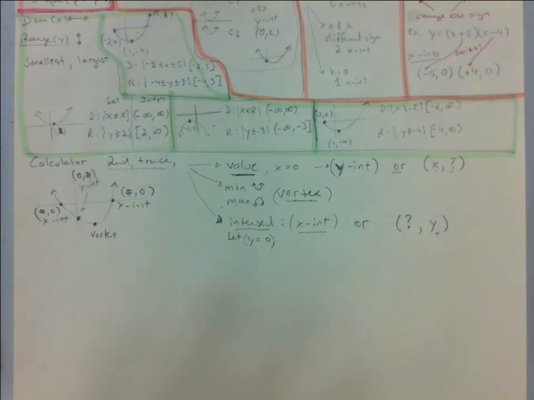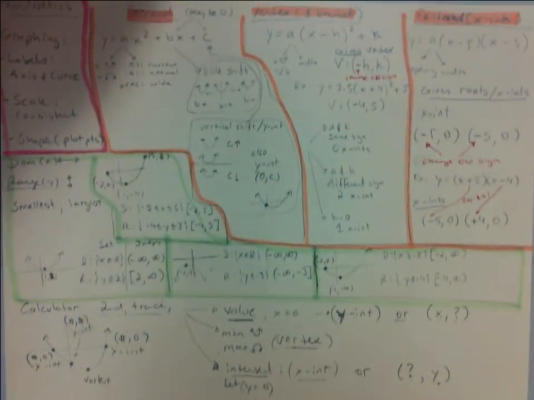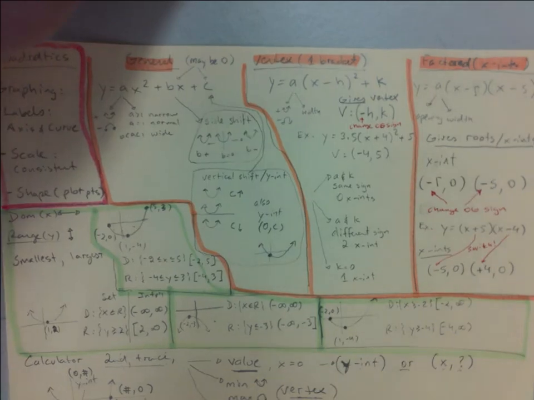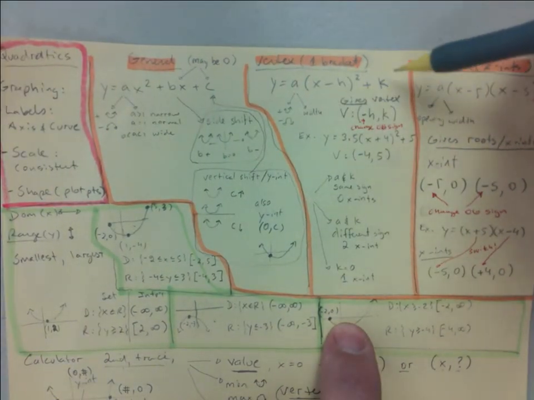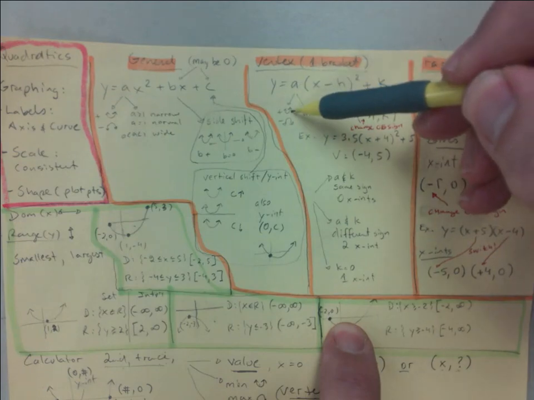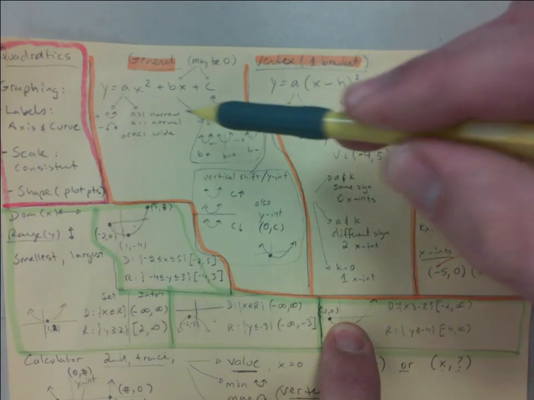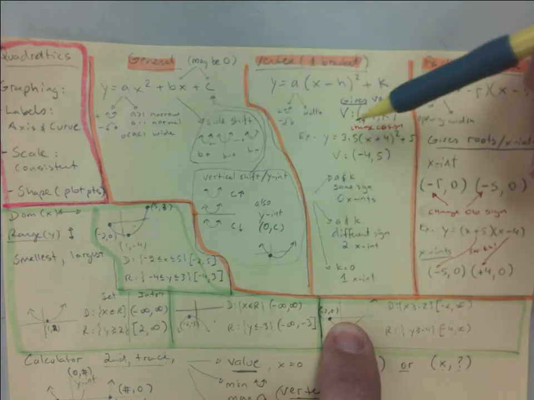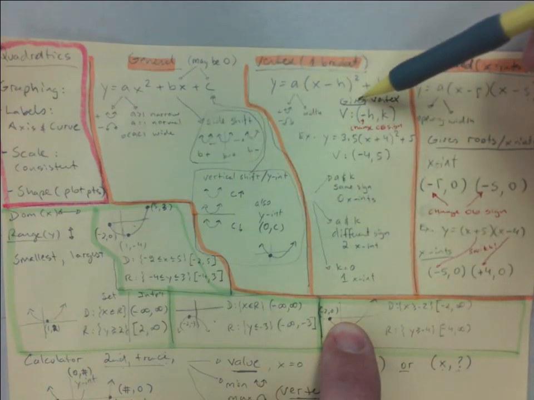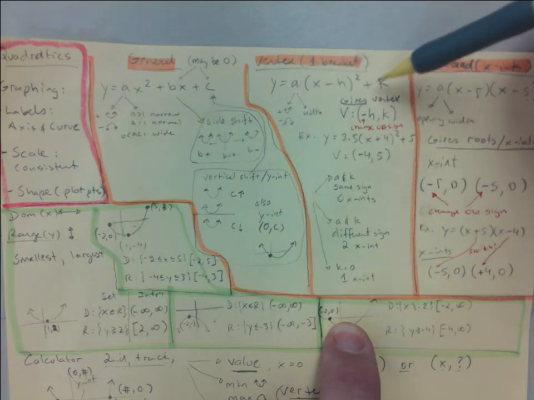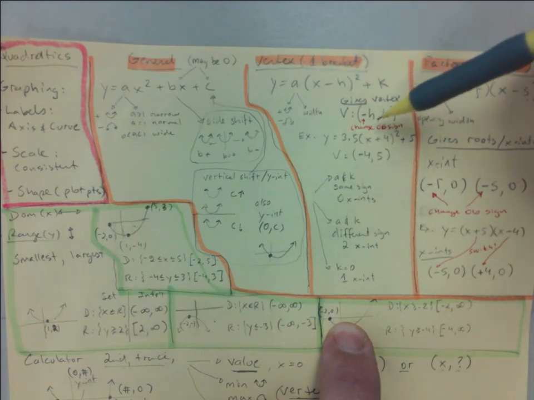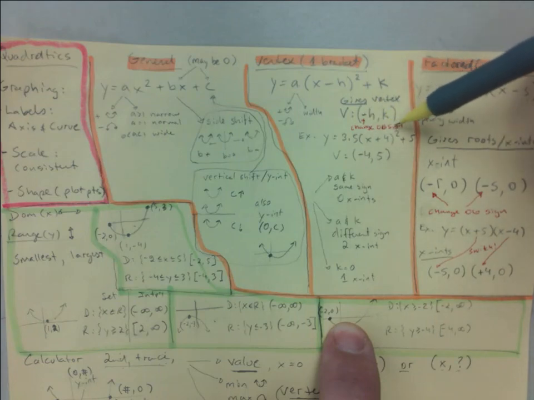I should also talk about, because this is a review of vertex form, I have my vertex form here. I tell myself that A tells me the opening and the width. I'm not redoing what I already know, but it gives the vertex. That's important about the vertex form. The negative tells me that it changes the original sign.